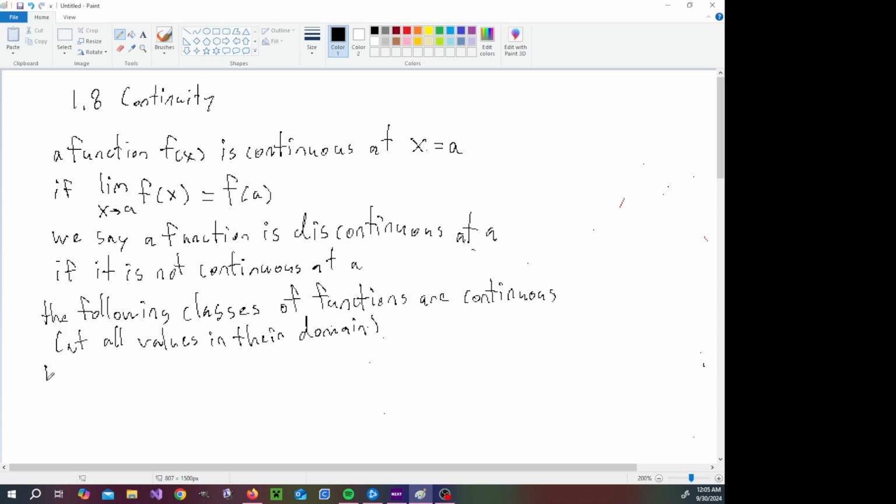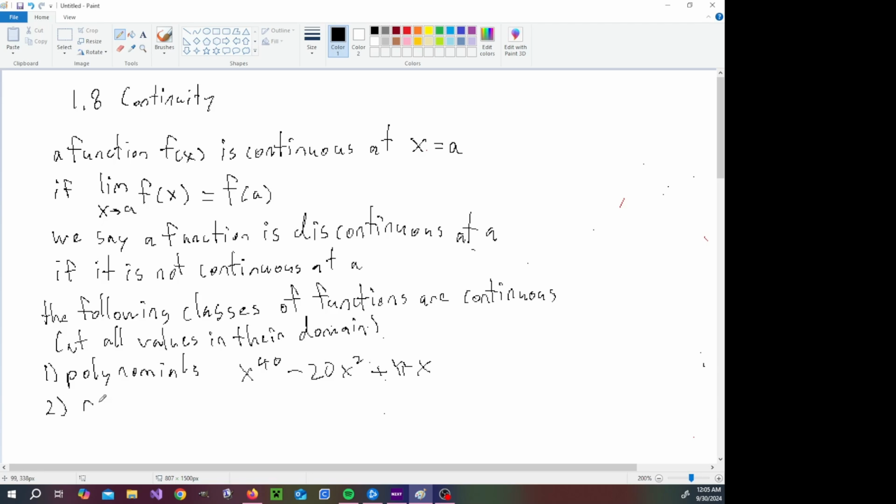And so the first one are polynomials. Something like x to the 40th minus 20x squared plus pi x, right? Any polynomial is going to be continuous. So our limit at any value is going to just be the same as plugging that number directly in.